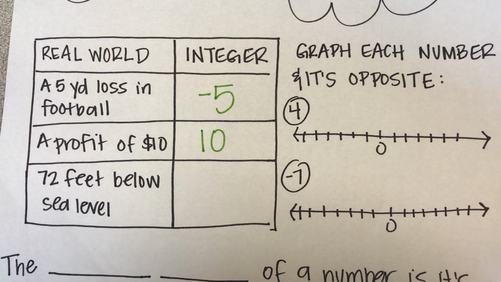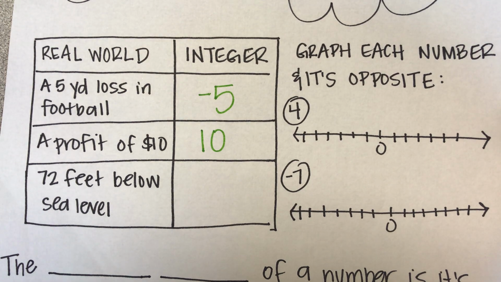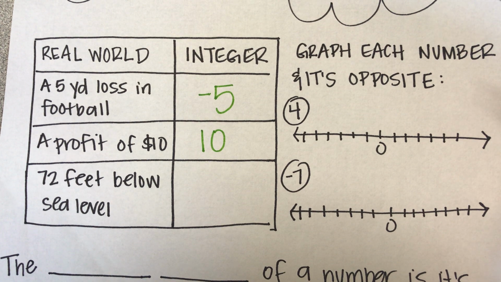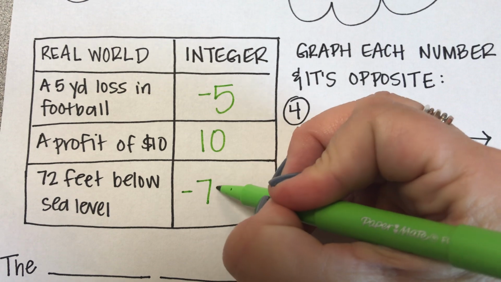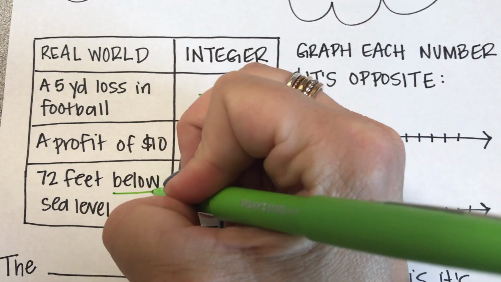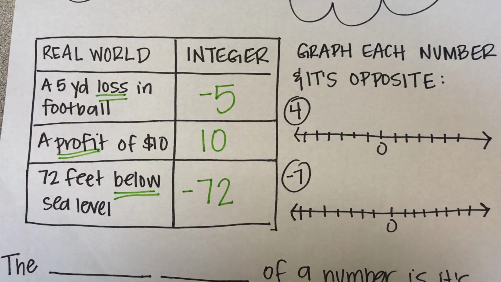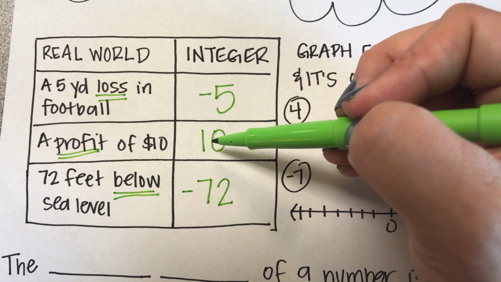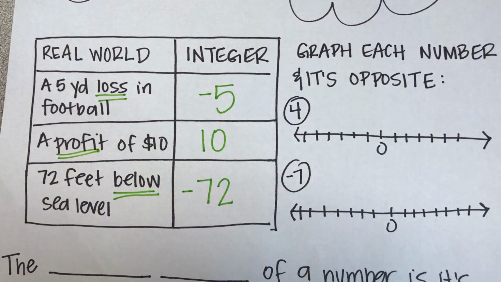That's +10. Okay, what about if you are 72 feet below sea level? Do you think that would be represented by +72 or -72? Negative, because it's below, right? So we kind of look at those key words. Loss suggests negative, profit suggests positive, and below suggests negative.